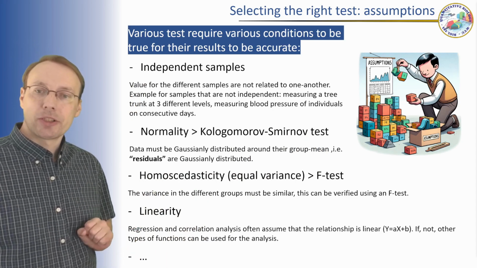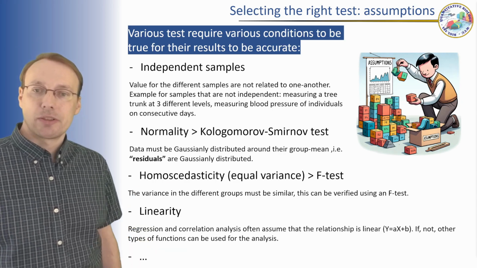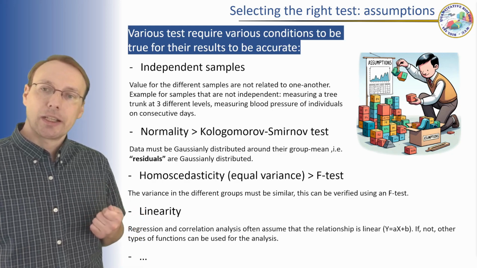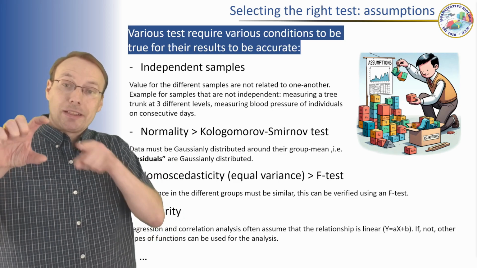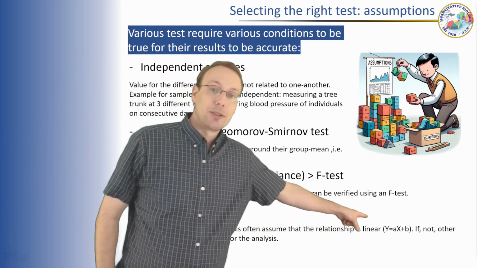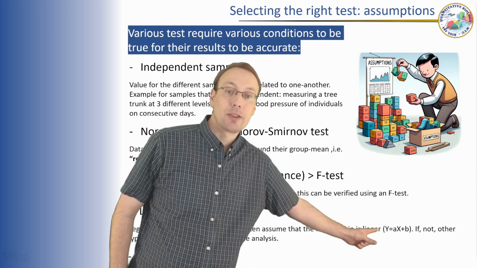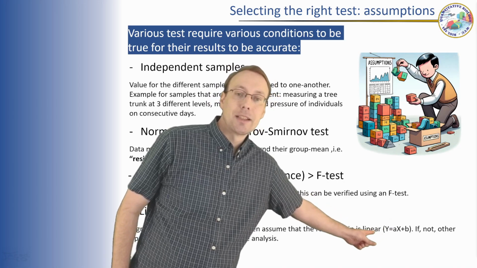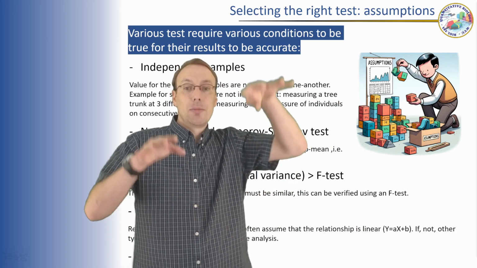Another one that's common in several types of analysis, including regressions and correlations, is linearity. Linearity means that the relationship between two variables is a simple line relationship. If you think back to basic math, y equals ax plus b, so the relationship between y and x is a simple line, a being the slope of that line, b being the offset.